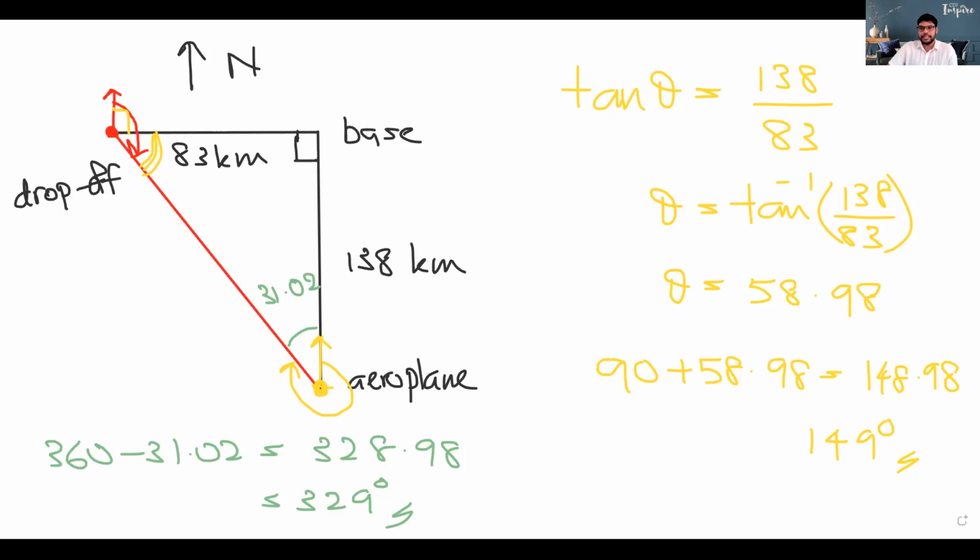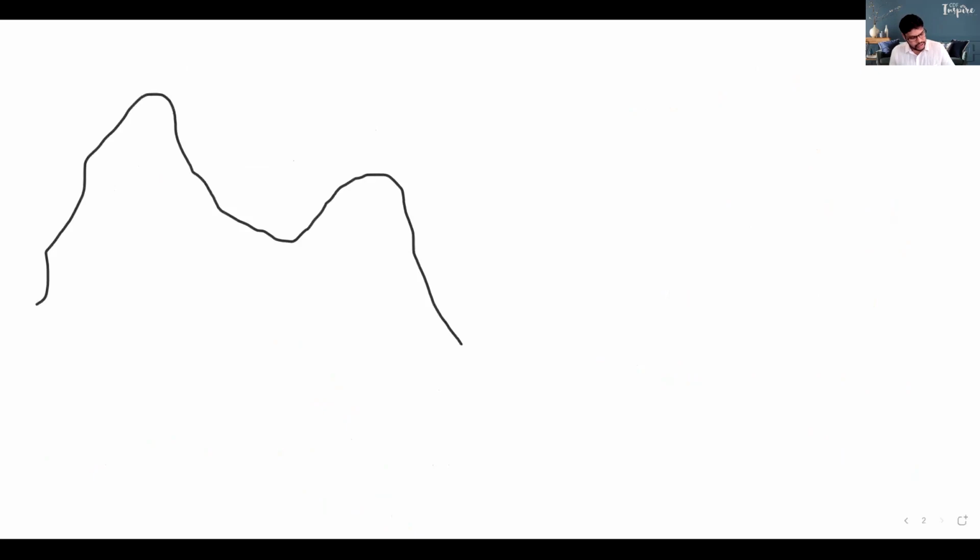I'll take a new page. Let me quickly draw this diagram as well. So we have two mountains. I'm not an artist, so please excuse my drawing, children. We have two mountains, from this summit to this summit.